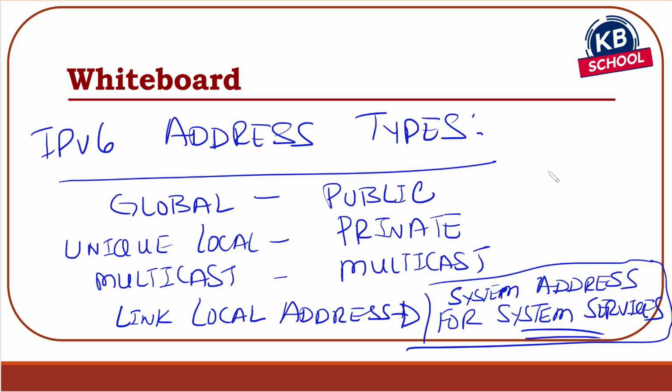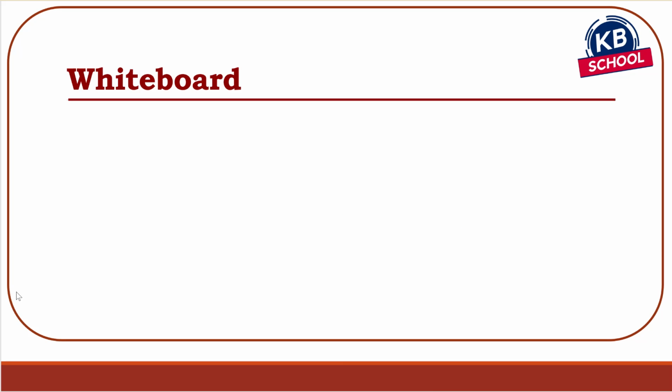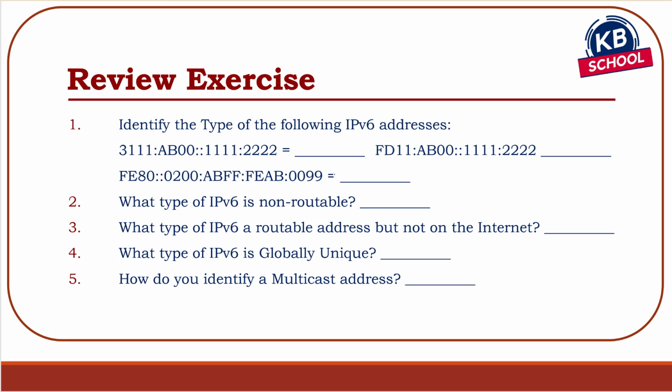Let's take a look at the review questions and then we'll jump on into the next video. Some review questions over here that might help you identify or recap this. Identify the type of the following IPv6 addresses. How do I know what type of address this is? Because I see either a 2 or a 3, I know it's a global address. You can call it global unicast address or a global address.